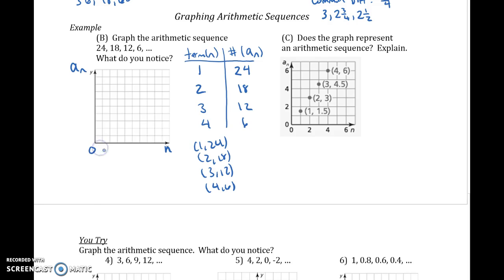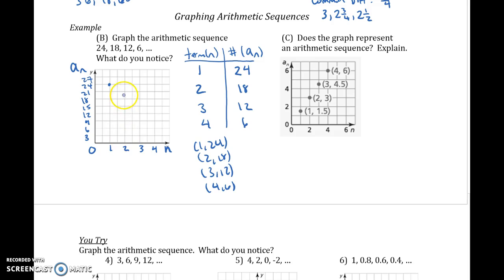All right, so 0, 1, 2, 3, 4, and then I'm going up to 24, so I might choose to go up by 3, so it's not all too squished together. Right? And then I'm going to go ahead and plot my points.